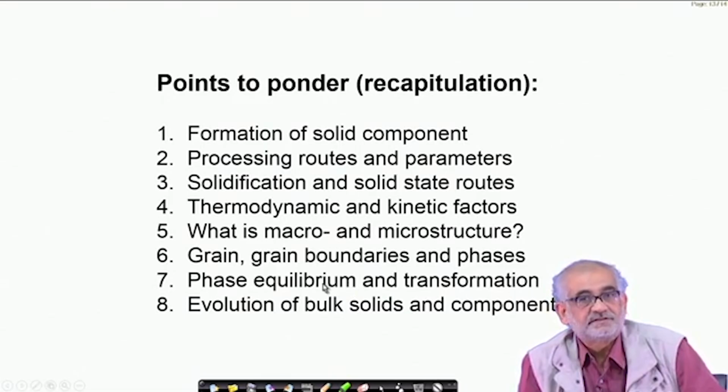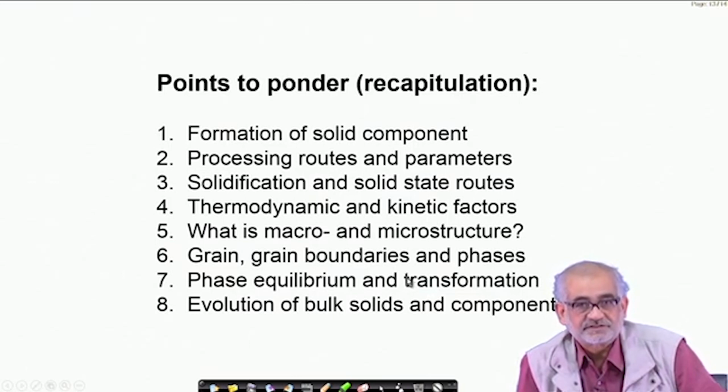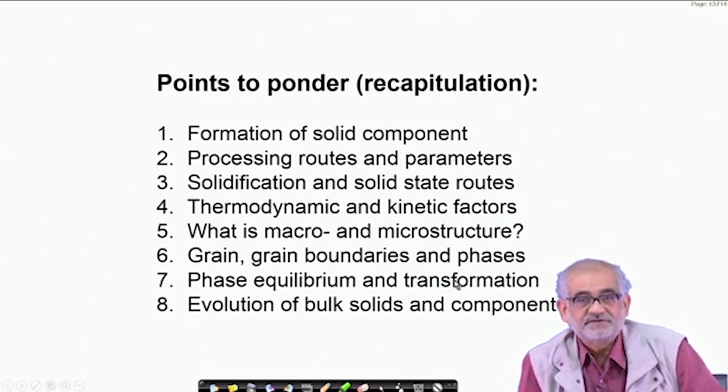When the chemical potential of a particular component is the same for all the phases present in an aggregate, then we say the microstructure or the aggregate is in equilibrium. And when we see differences between phases, then we see the possibility of a transformation.